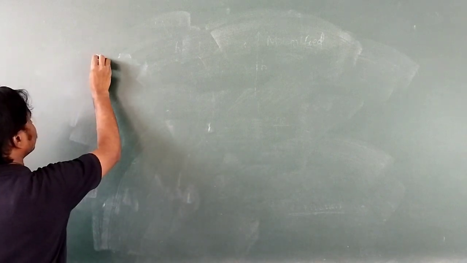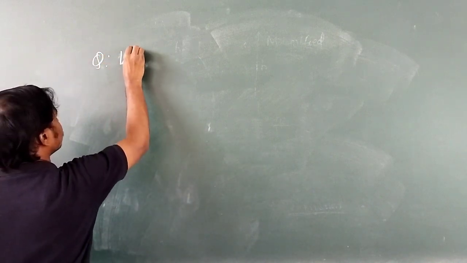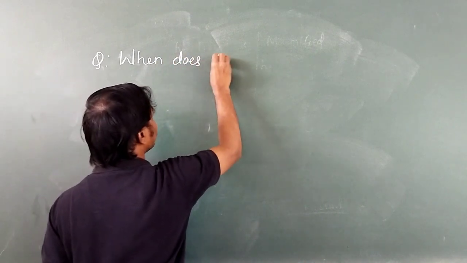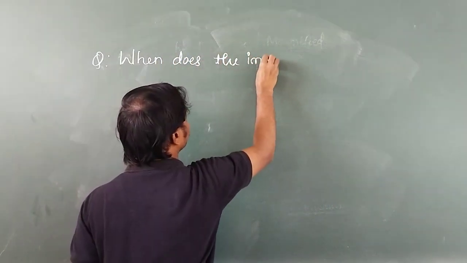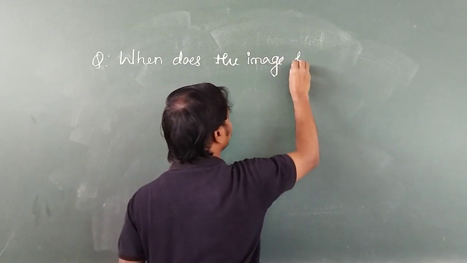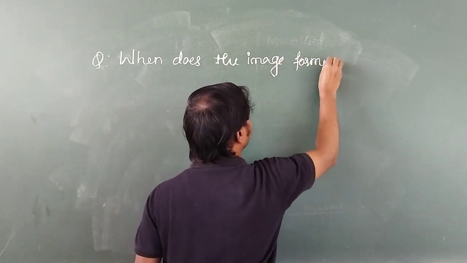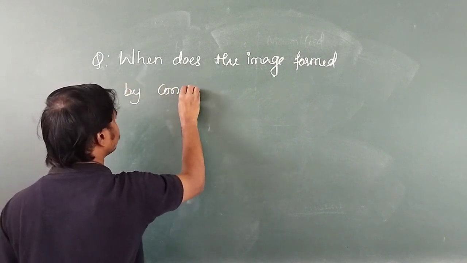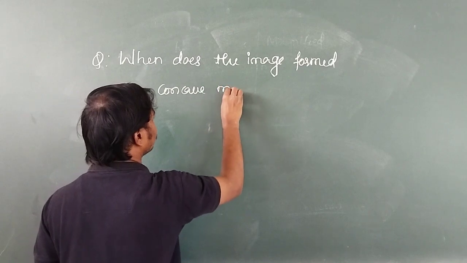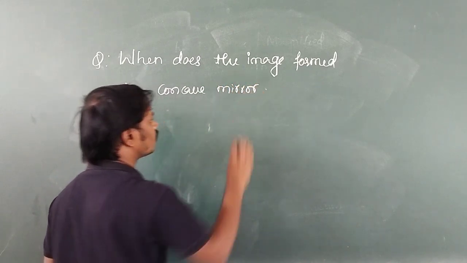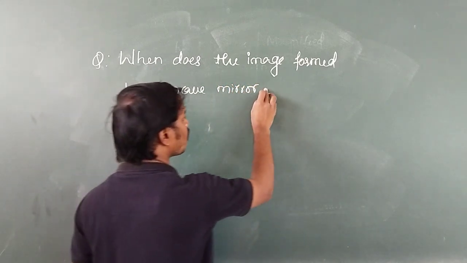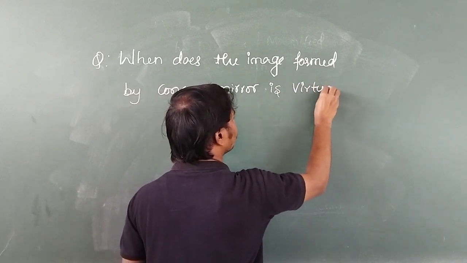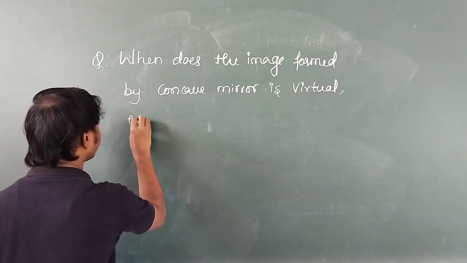Here, question: when is the image formed by a concave mirror virtual, erect and magnified?